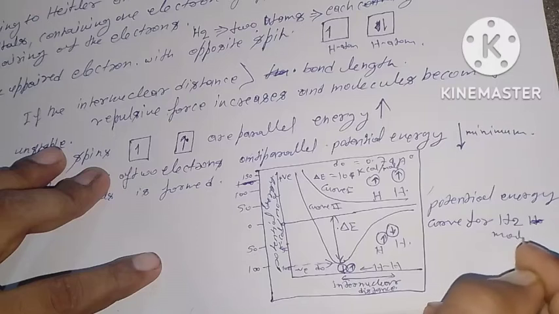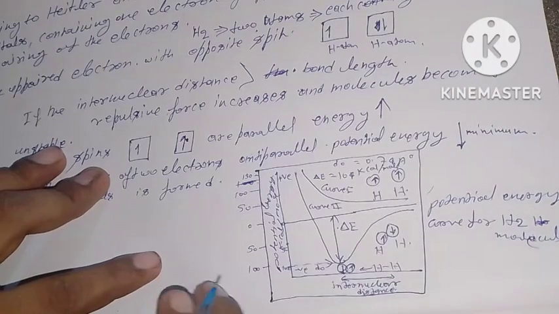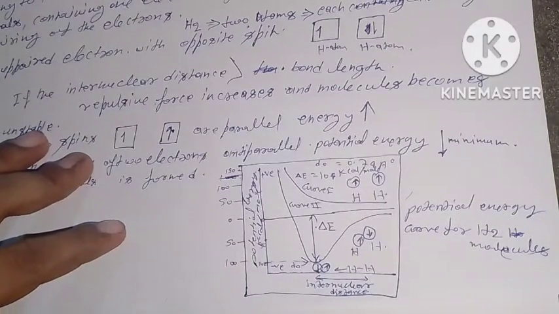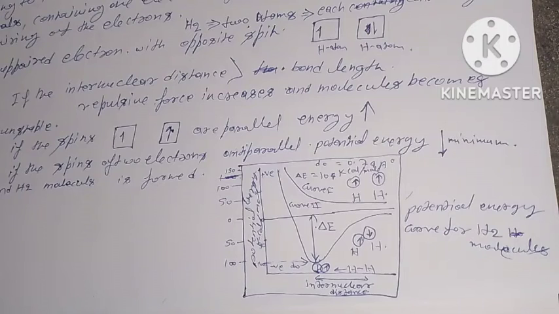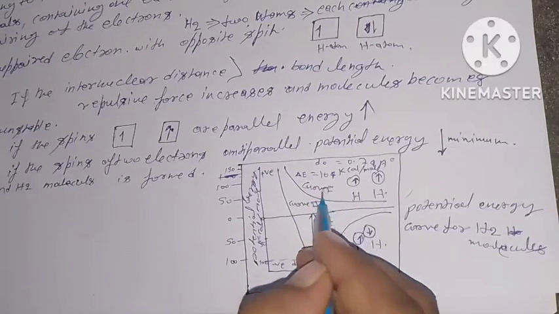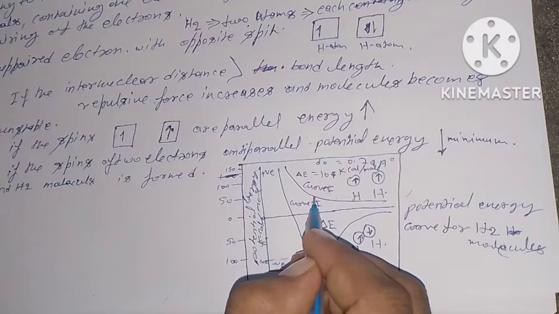And the next curves, first and second, show the energy changes in case of parallel and anti-parallel spins of electrons respectively.